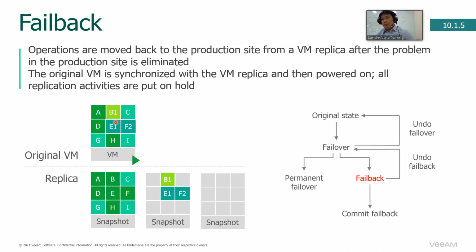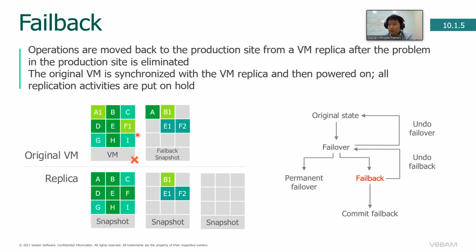Okay, so failback is to reverse replicate your data back to the original VM, make sure there's no data loss, and then power it on again. So failback will require downtime also. Okay, so failback, they will perform one replication first. This can still be done, okay, when your virtual machine replica is online.